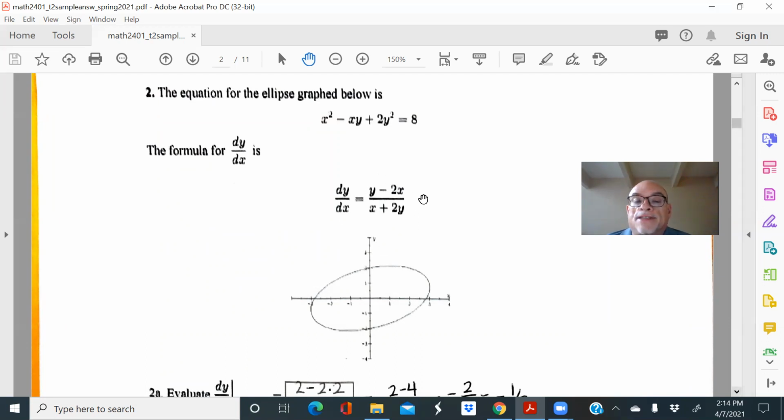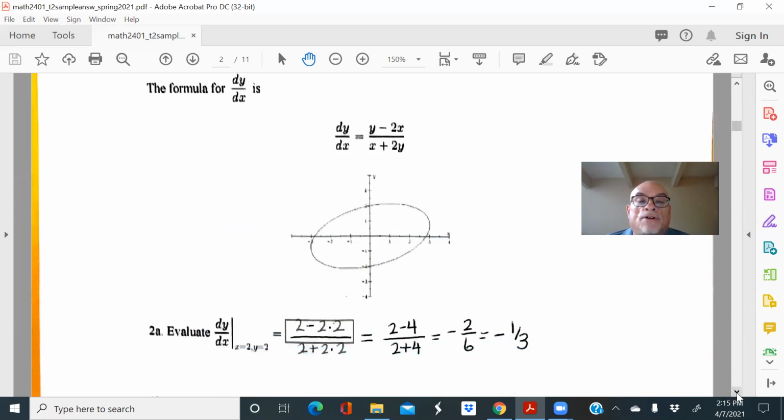All right, so there is the implicit derivative. And now we can use that implicit derivative to find the slope of this curve at particular points on the curve. So in fact, that's what we're asked to do here. Immediately, we want to evaluate the derivative when x is 2 and when y is 2.